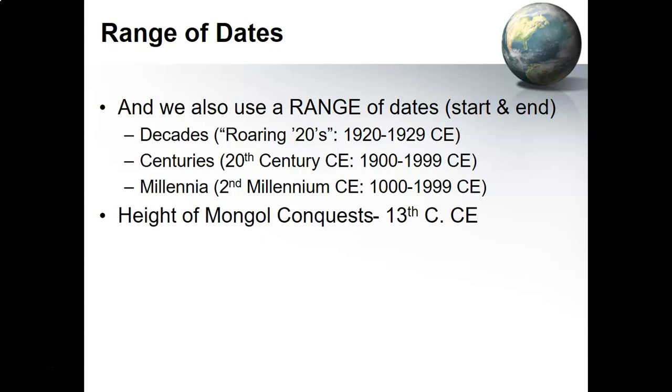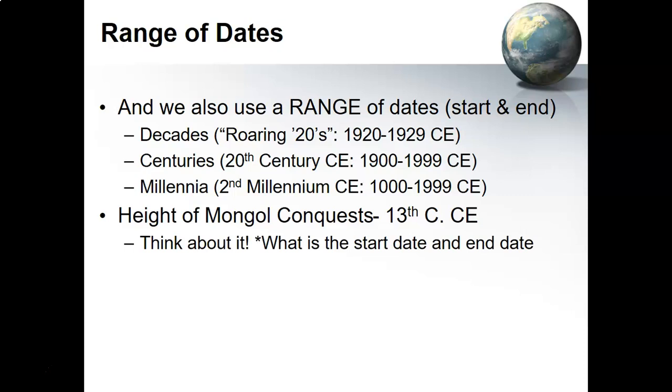Now, let's think about how we put this on our timeline. In the 13th century of the Common Era, these dudes called the Mongols conquer a huge portion of Eurasia, the largest land empire that ever existed. It happens in the 13th century. Okay, to put this on a timeline, what's the start date and the end date?